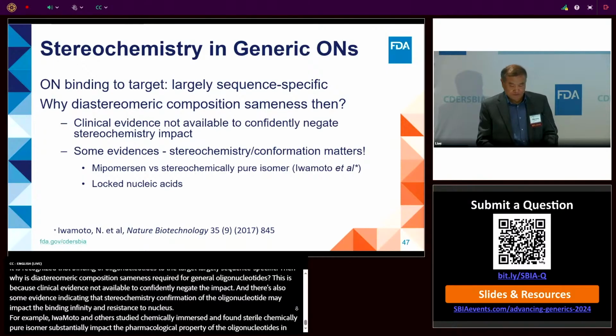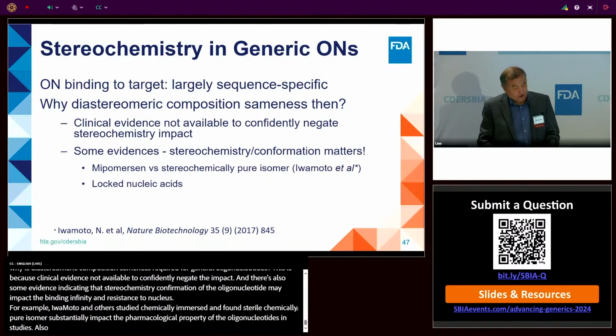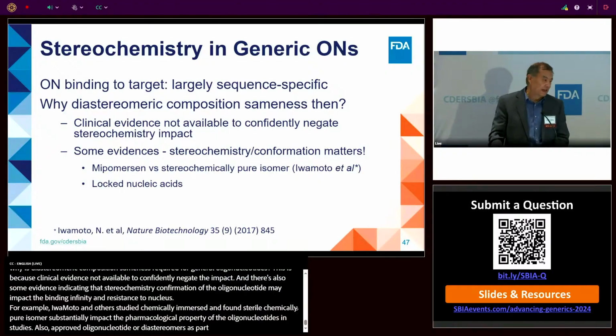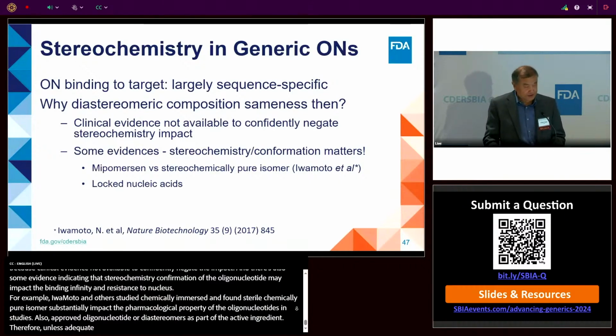Also, approved oligonucleotides counted all diastereomers as the part of the active ingredient. Therefore, unless adequate data is available to prove that it has no impact, diastereomeric composition sameness should be demonstrated for generic oligonucleotides.